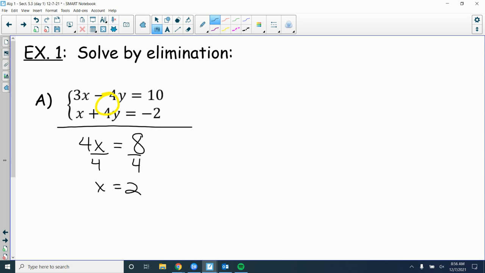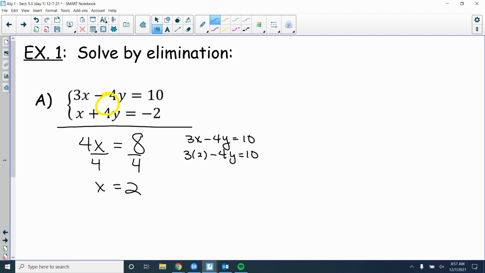Plug what in for y? This 2 doesn't equal y. Which equation? It doesn't matter. So pick either one. So 3x minus 4y equals 10. Take the 2 and plug it in for the x.